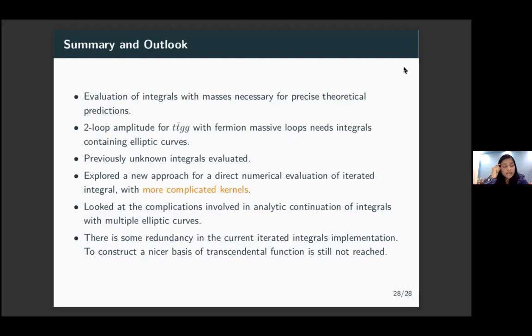I think I also mentioned during the talk that it can often happen that because of a wrong choice of variables, you might see that the differential equation contains an elliptic curve. But when you change the variables and try to rationalize these square roots, you see that the elliptic curves go away. That does happen.